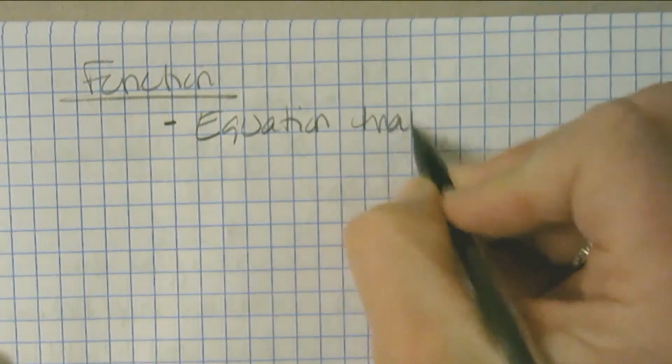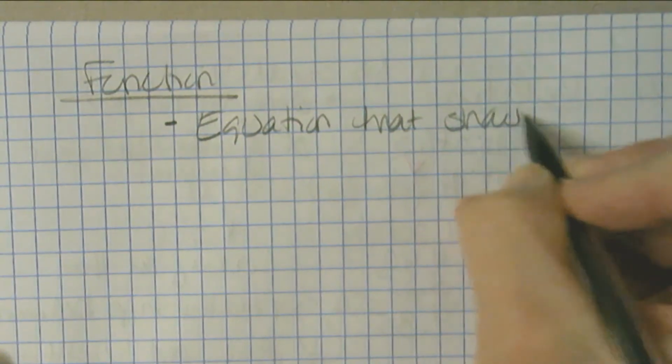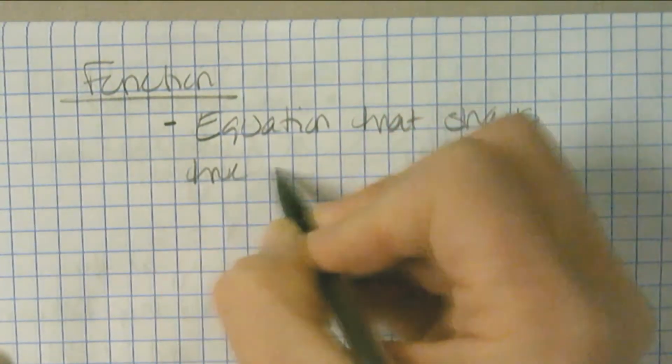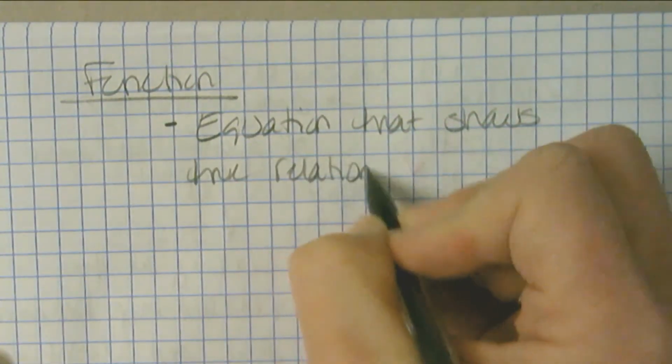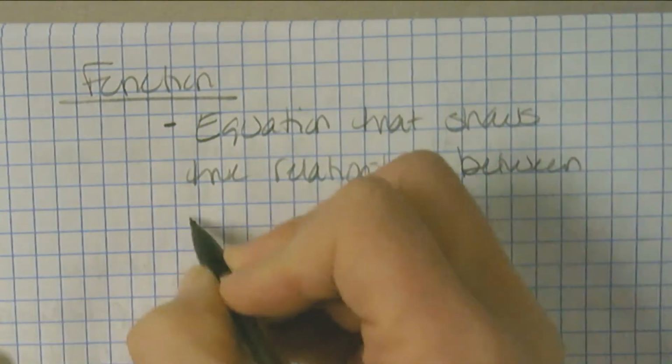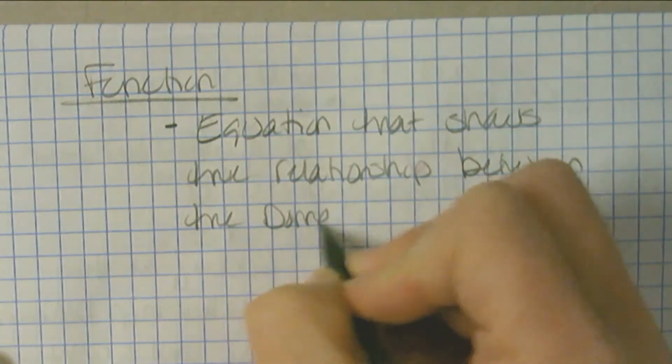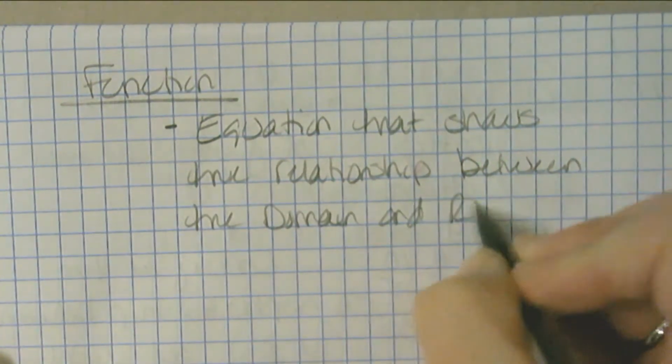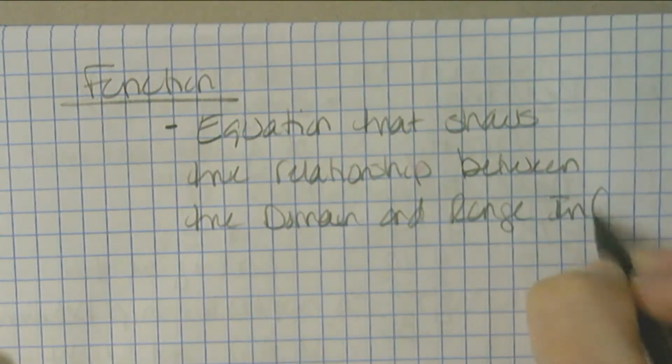It's an equation that shows the relationship between the domain and range info.